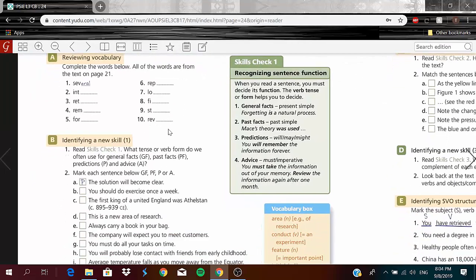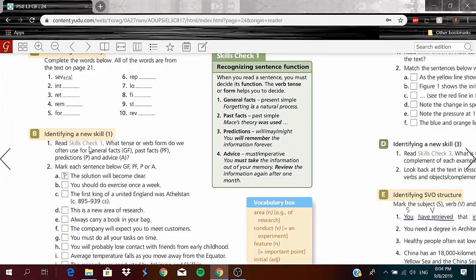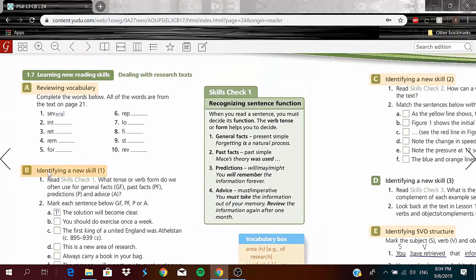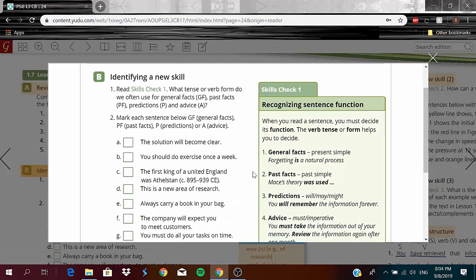Now, let's go to exercise B. Read skills check 1. Okay, so we're going to have to open this so you guys can read the skills check. Here we have recognizing sentence function. So when you read a sentence, you must decide its function, the verb tense or form, and that helps you to decide if it's a general fact, right? So present simple, for example, forgetting is a natural process. Is it a general fact?